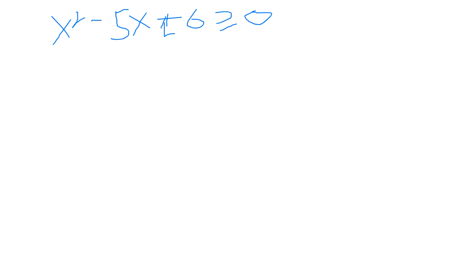When you see something like this, it means you must give me all numbers x that, when I replace them here, make this function positive or equal to 0. Does it make sense to you? Any questions?